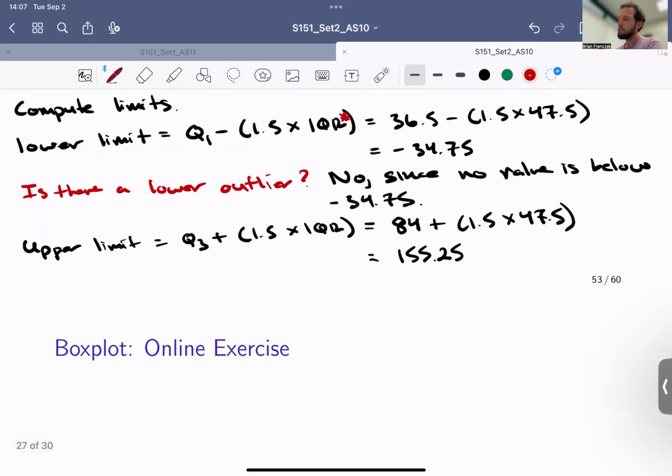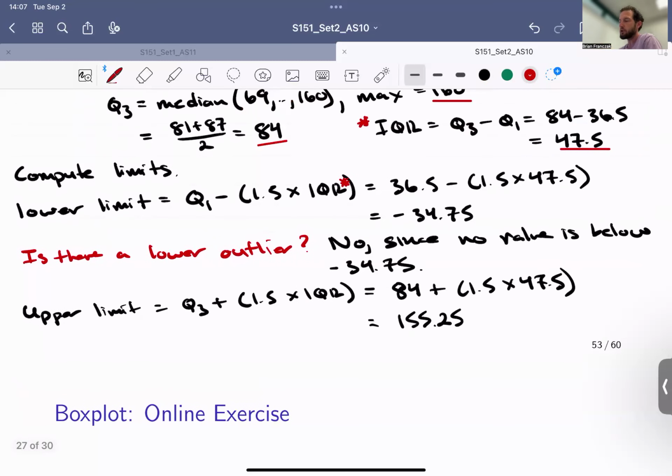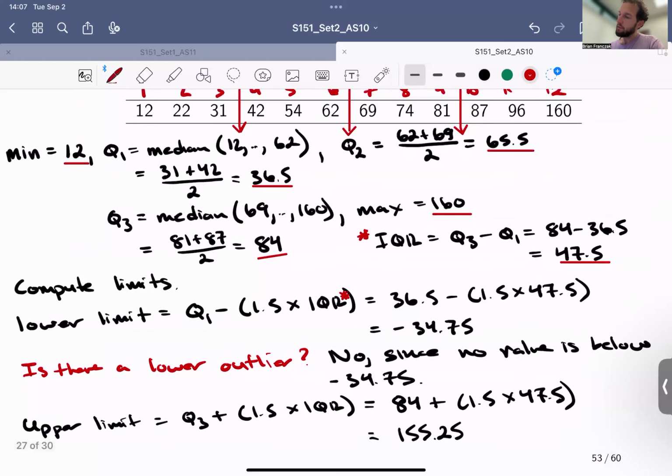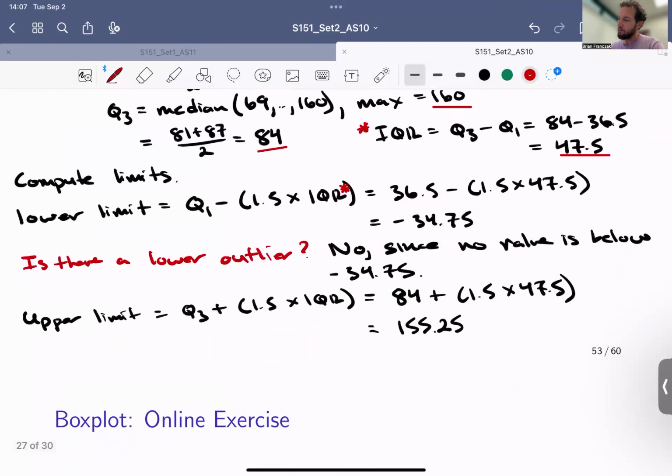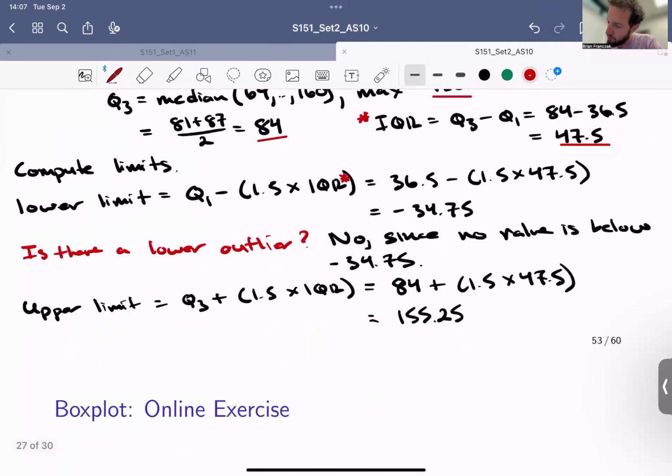And then we use the same logic, but we go in the opposite direction now. So with a lower limit, we wanted to know, is there any point below the lower limit? With the upper limit, we want to know, is there any point above the upper limit? So in this case, we can see that the maximum value in the data set is 160. 160 is bigger than 155.25.